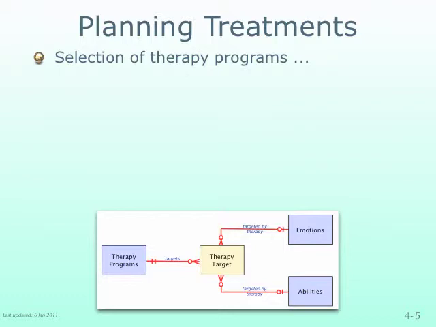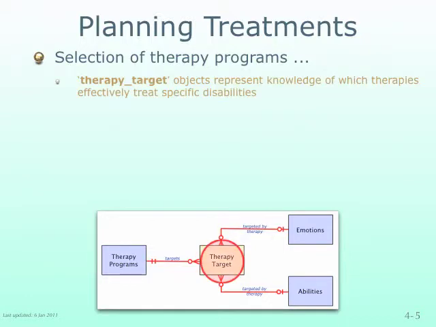Because, as we saw earlier, the central database contains therapy target objects, which, hopefully, represent up-to-date, evidence-based, clinical best practice, and which clinicians and community-based therapists can access to receive expert guidance in the selection of therapies that most effectively treat specific physical, mental, cognitive, or emotional disabilities.